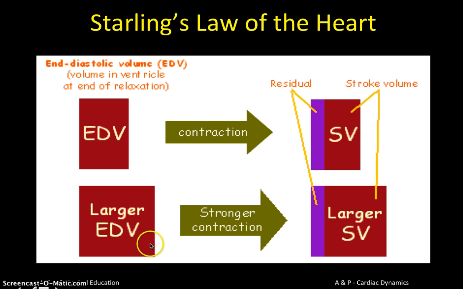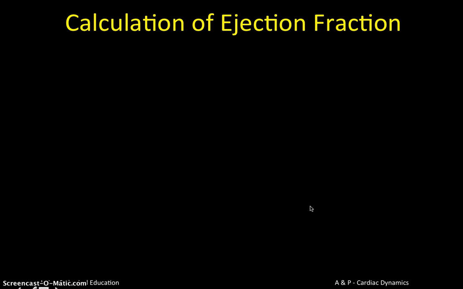So the bigger the stretching, the bigger the filling, the more powerfully the myocardium will contract. And therefore, if it's contracting powerfully, it can eject a larger volume of blood, so your stroke volume can be higher. You'll just notice here that there's always a residual. Your heart never totally empties, a bit like your lungs don't either. So there's always a little bit of residual.